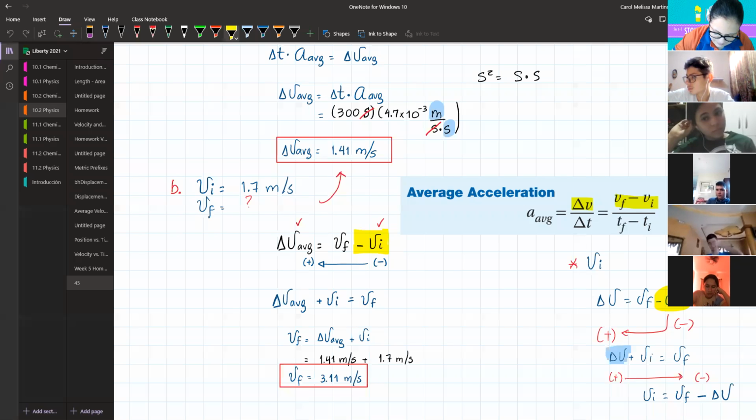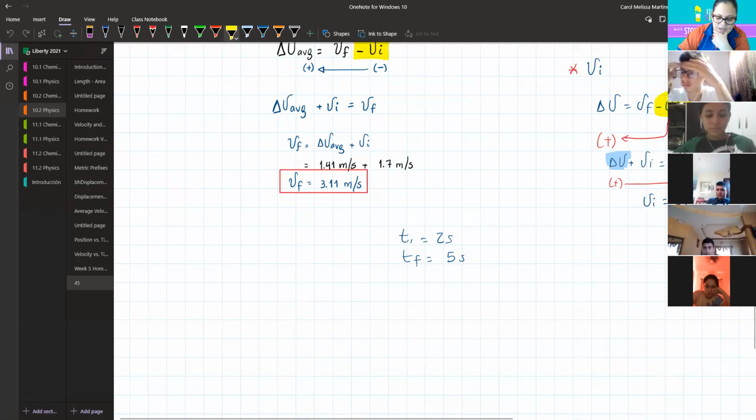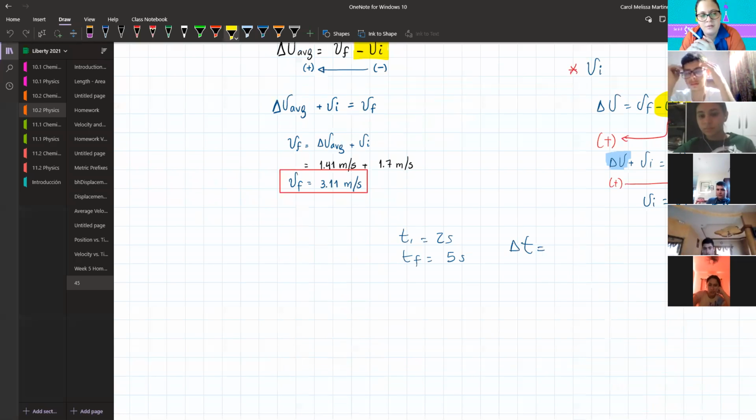For example here, if I tell you the initial time is at 2 seconds and the final time is at 5 seconds, and I ask for delta t, the change in time, applying the logical side, the difference in time is just 3 seconds.